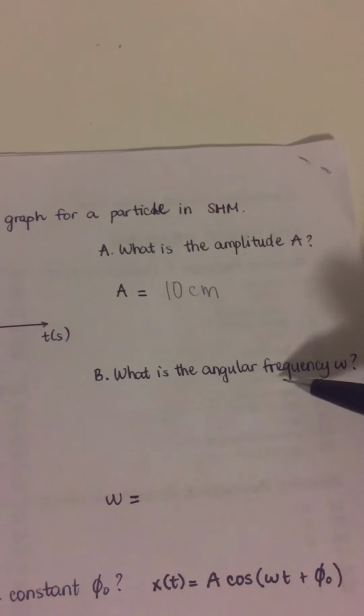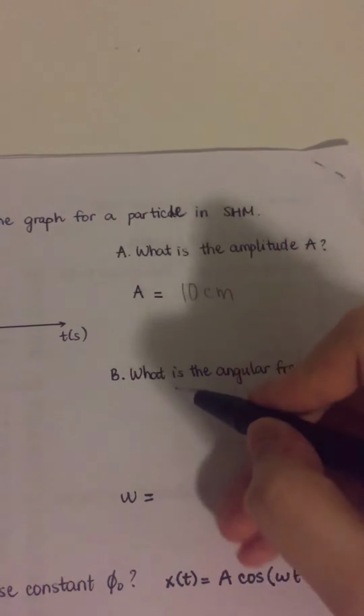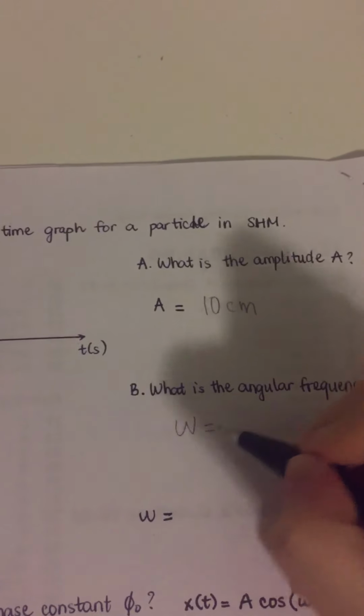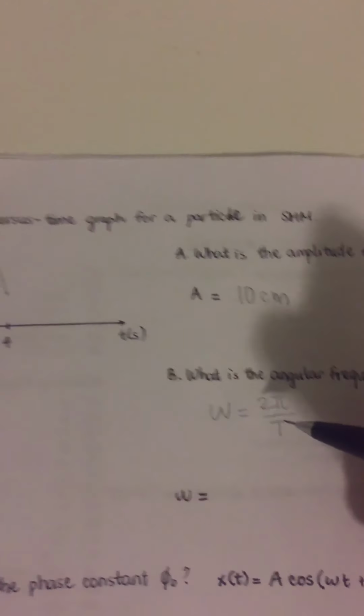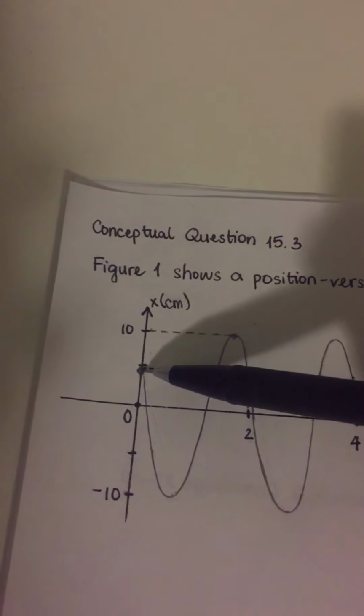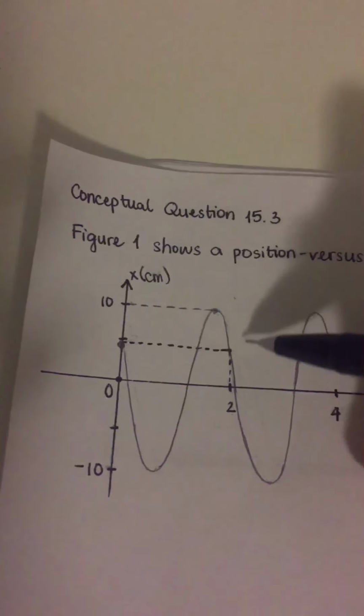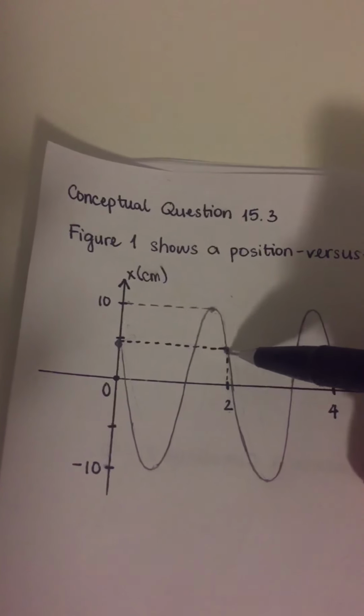B, what is the angular frequency omega? We know that omega is 2 pi over T, and T is our period. This is my initial position right here. If I trace that horizontally, it will meet the curve at this point, and this is our one cycle, which is 2 seconds.